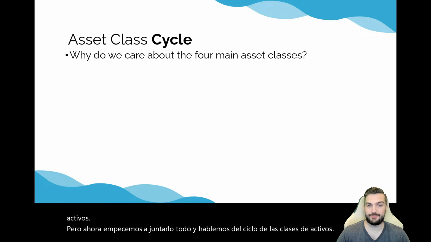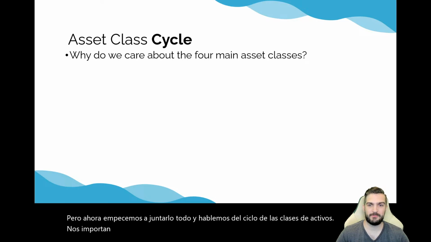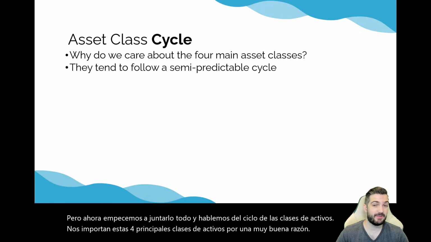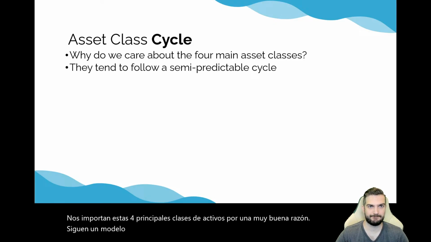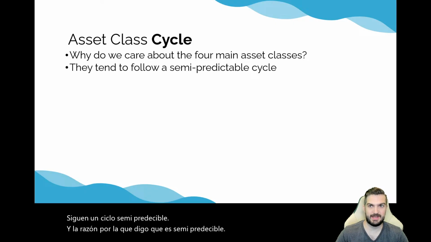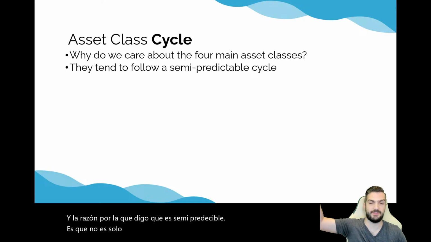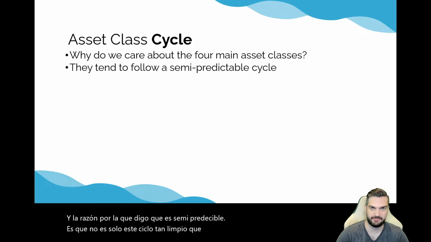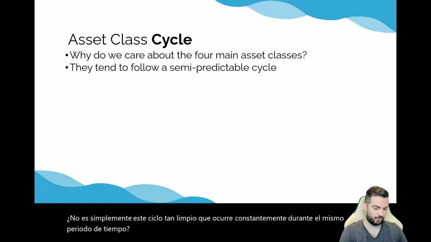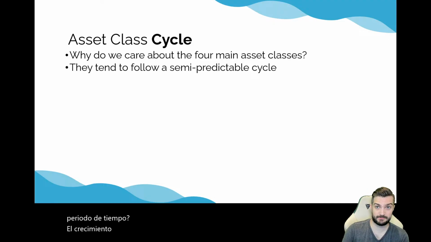We care about these four main asset classes for a very good reason. They follow a semi-predictable cycle. And the reason I say semi-predictable is that it's not just this very clean cycle that constantly is happening over the same period of time. Growth will last longer than contraction.